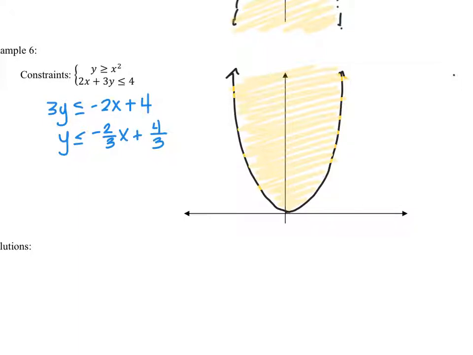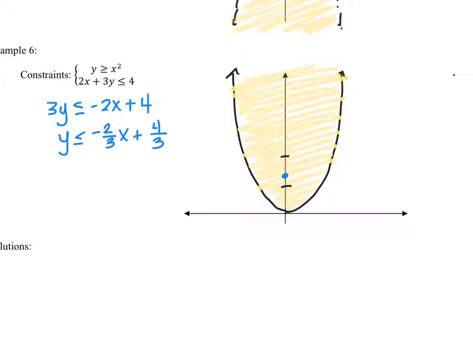All right, then we need to draw the line. The line starts at 4/3, so you'll need to estimate where 4/3 is. If you have 1 and 2, your 4/3 will be a little bit higher than 1. It does not have to be perfect, okay, but it should be between 1 and 2, not quite 1.5.